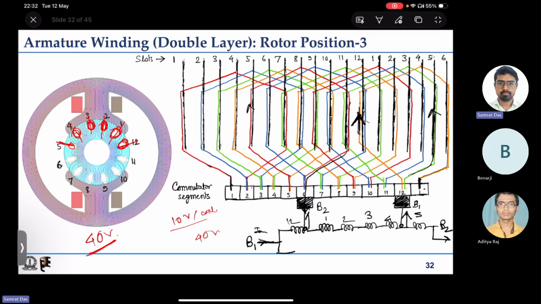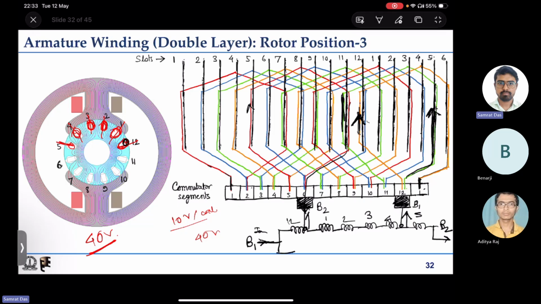Now look at the other path, the green path. Green path is this one. So which coil is this one? This is coil number 11. The green one is the bottom conductor. We have named coils with the top conductor.